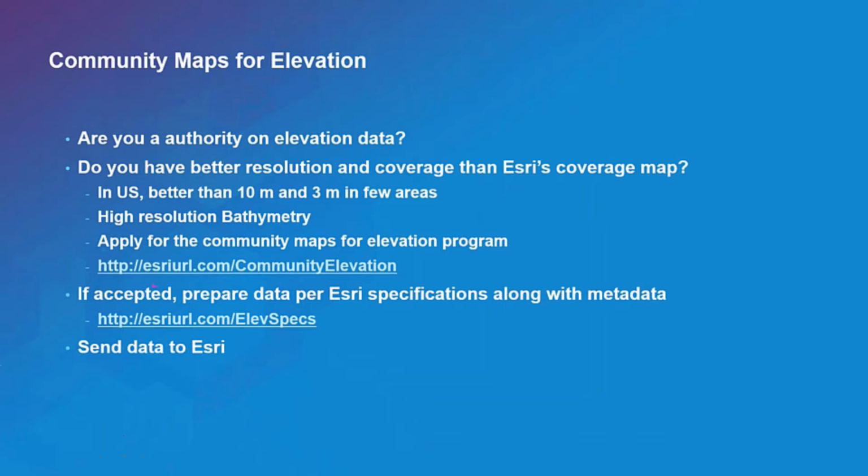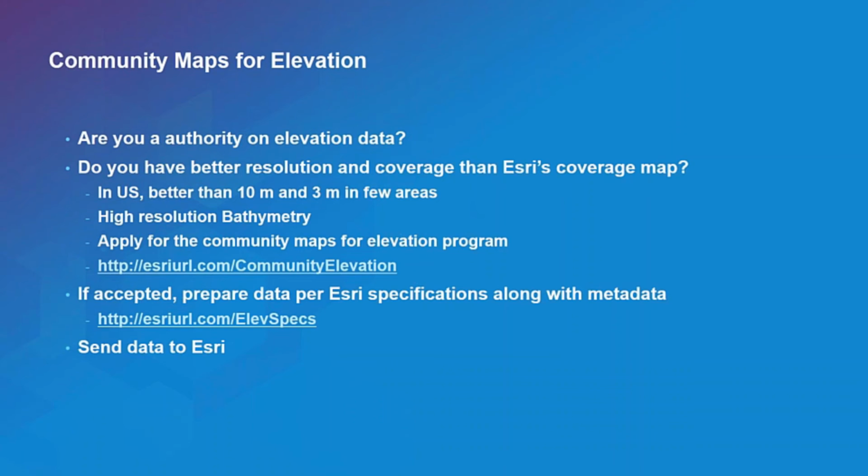So if you are an organization maintaining elevation data for your country, state, or your admin area and have documented authority to share it publicly, then check out our elevation coverage map to determine if you have better data than what we currently have. If the answer to that is yes, then go ahead and apply to the Community Maps for Elevation program.